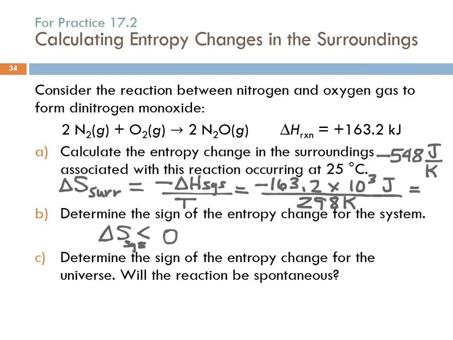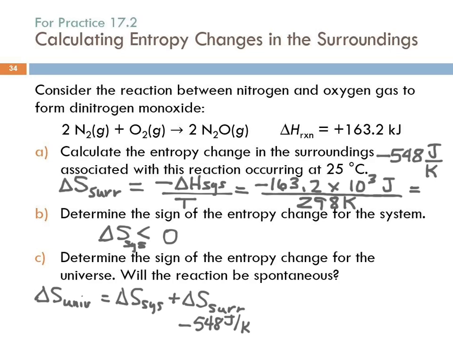Determine the sign of the entropy change for the universe. Well, the change in entropy for the universe equals the change in entropy for the system plus the change in entropy for the surroundings. So this is negative 548.